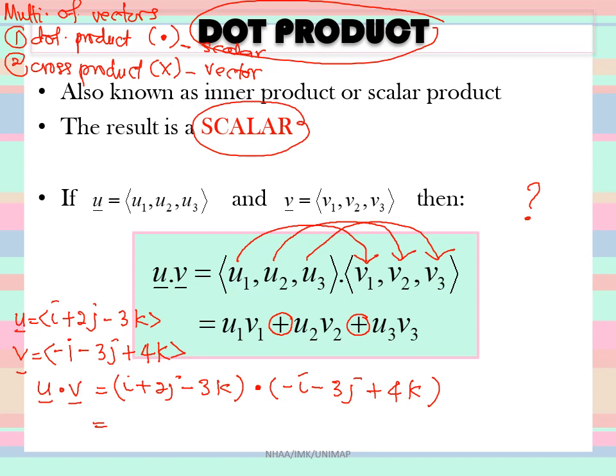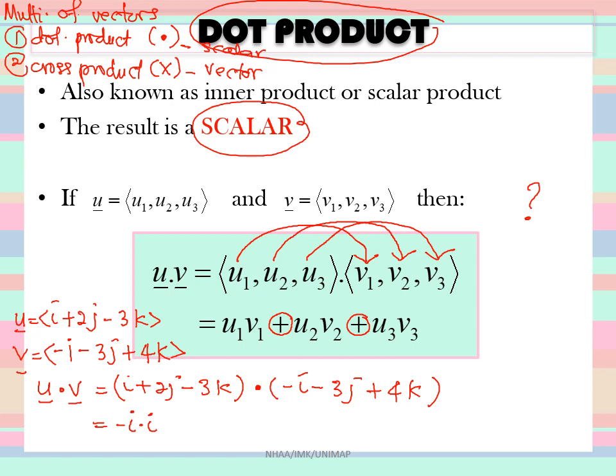So when we multiply each component respectively, I will multiply with i, where our first component here is i. So here I multiply with negative i, and you get negative i dot i.